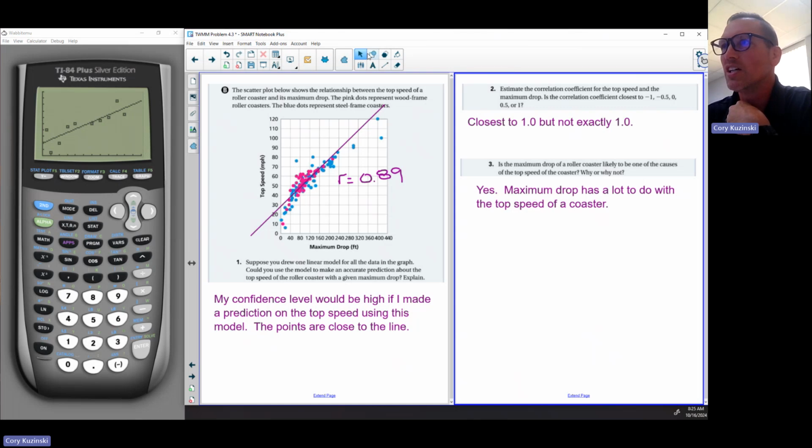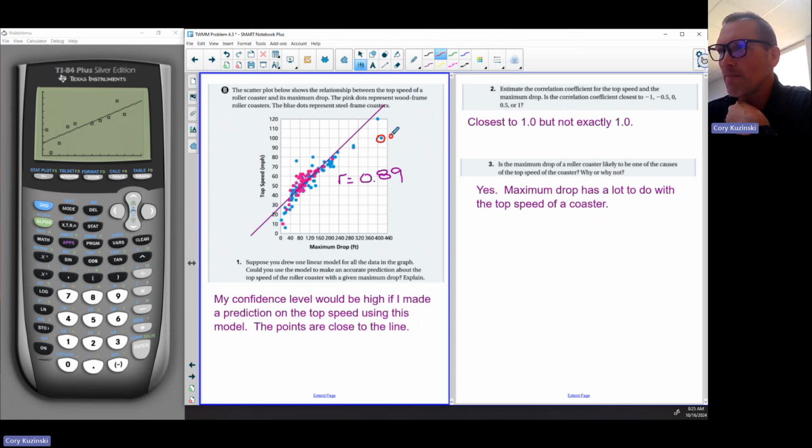Like this one right here. You might say this point right here is an outlier. Let's label that one. So this is on graph B, outlier, because it's so far away from the line. This one, maybe I'll put a question mark next to it.